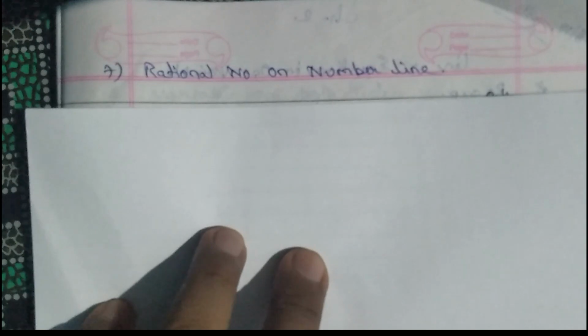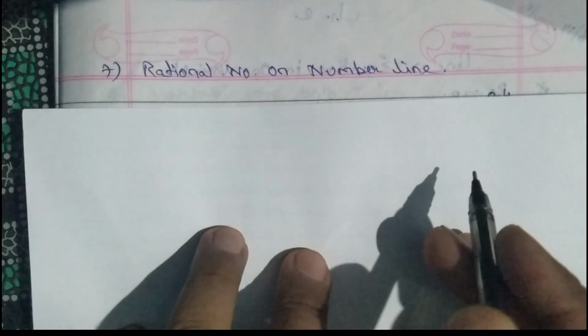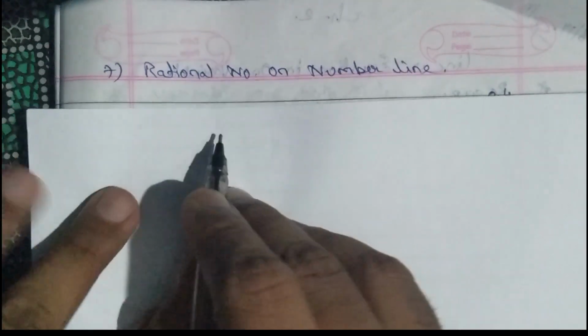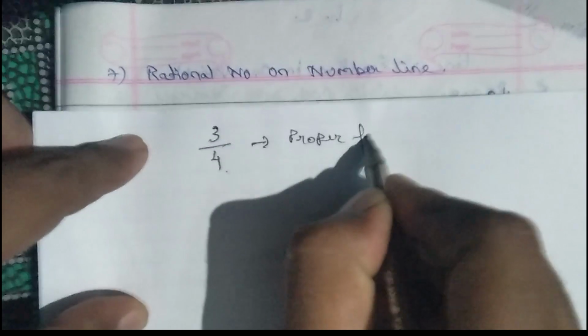Before starting, let me give you an example of a proper fraction. We know that proper fractions are those in which numerator is less than the denominator. For example, if I write 3 upon 4, this is the numerator and this is the denominator. Numerator is less than the denominator. This is called a proper fraction.